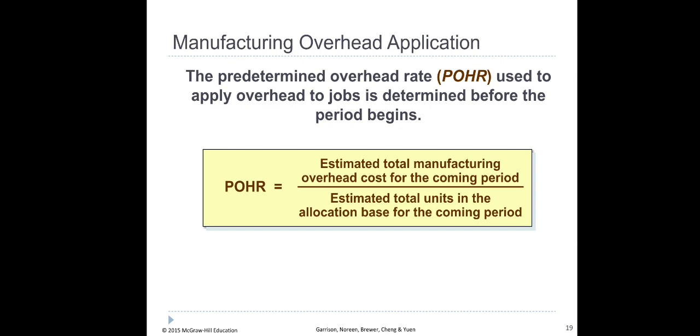See here the formula to calculate the predetermined overhead rate. Predetermined overhead rate, or POHR, equals budgeted or estimated manufacturing overhead for one accounting period divided by budgeted or estimated allocation base for an accounting period.